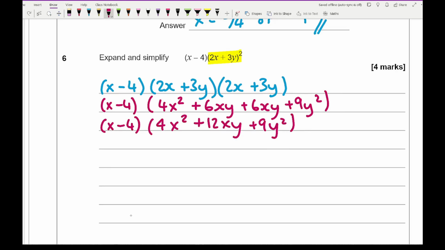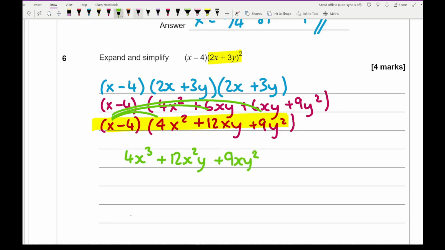Now if you got to that stage right off the cuff, that'll be absolutely fine. But it's always important that you do take your time because it's very easy to make a mistake, particularly if you're doing all that in your head. So what's left for me to then do is just expand the brackets. So multiplying everything by x, I get 4x cubed plus 12x squared y plus 9xy squared.